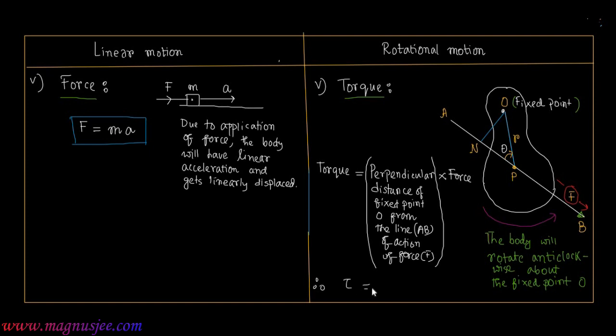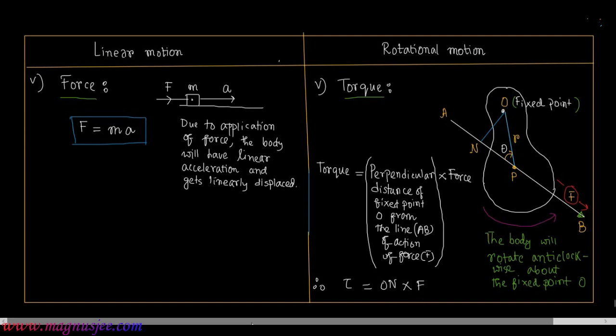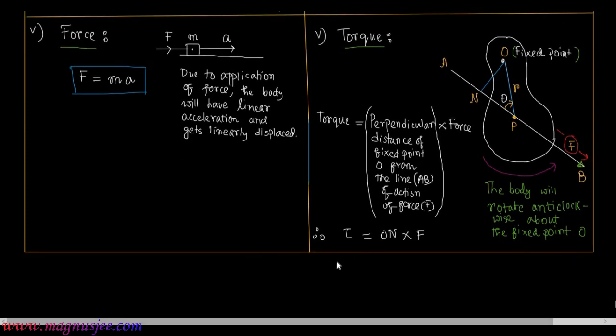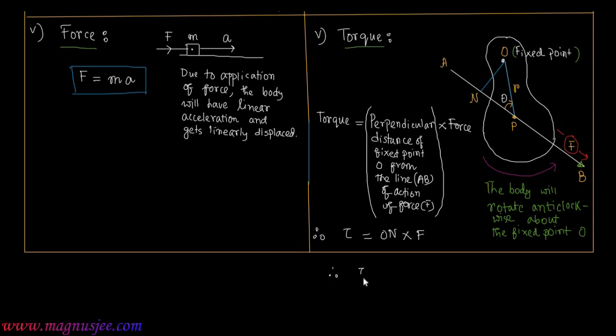Therefore, tau is equal to ON into F. ON is the perpendicular distance of the fixed point from the line of action of force, and F is the force. Therefore, torque tau is equal to R sin theta into F.